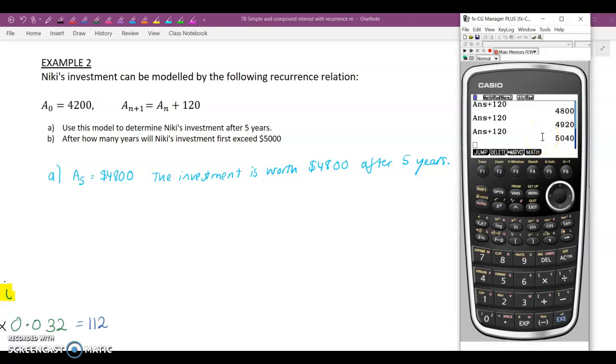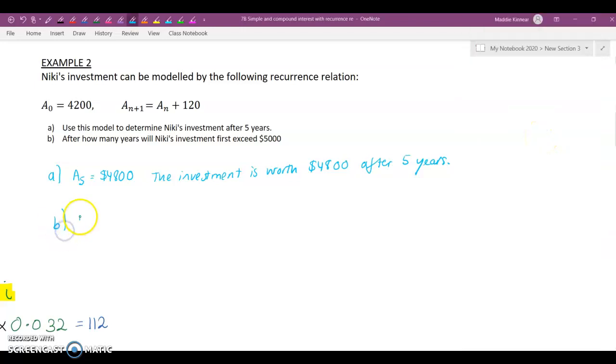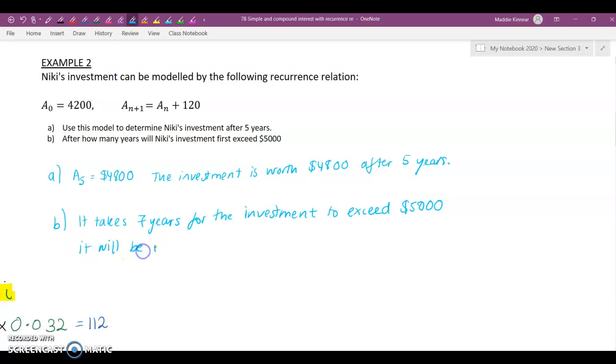So we can say it takes 7 years for the investment to exceed $5,000. It will be worth $5,040 at this point.